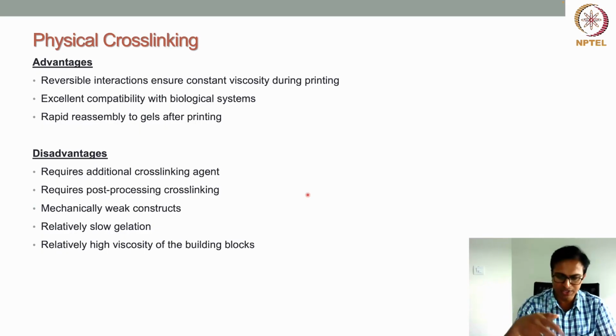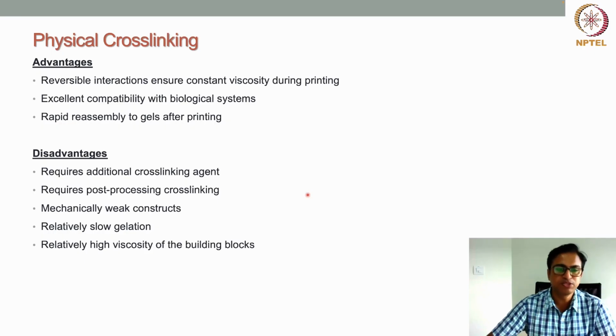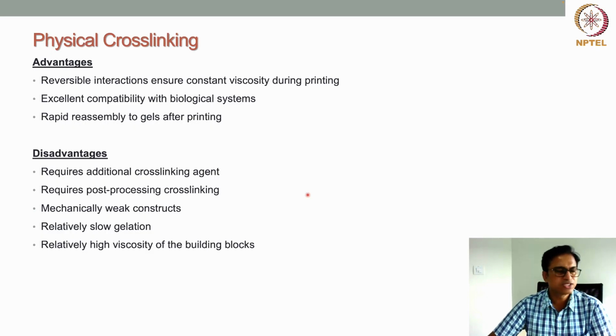Once the physical cross-linking is done, to improve the stability, we need to use some secondary cross-linking. There can be instances where physically cross-linked hydrogels are mechanically weak, so again, to improve the mechanical property, a secondary cross-linking agent needs to be used, because the structures are mechanically weak.